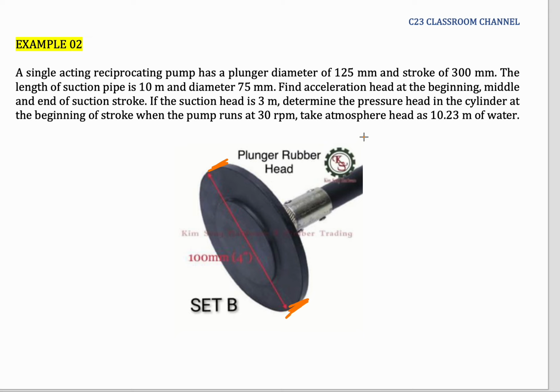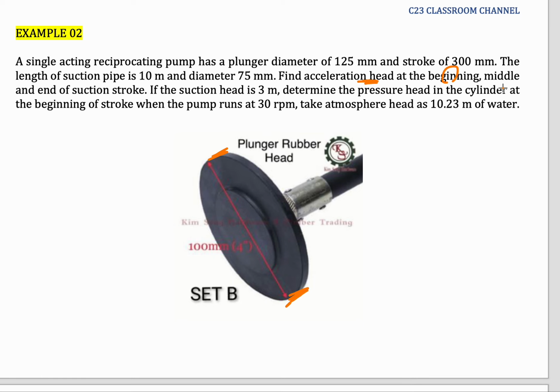In this question, we need to calculate the acceleration head at the beginning, at the middle, and also at the end of suction. Why do we need to calculate at these 3 points? Because as we know, the flow rate is not steady, which means that the velocity is not steady. That's why we could calculate the acceleration.